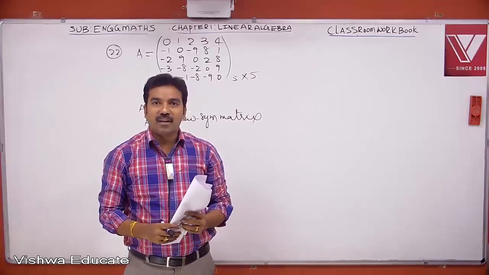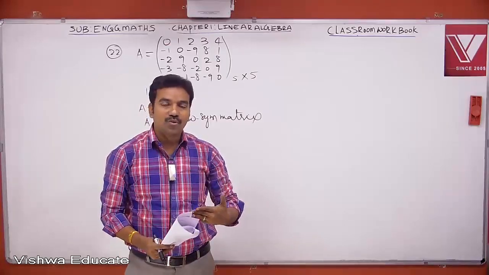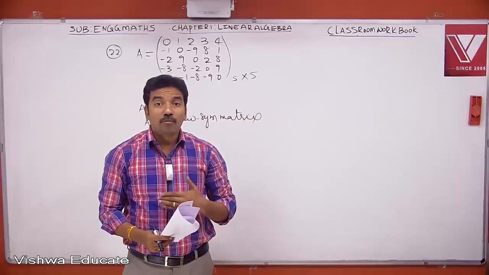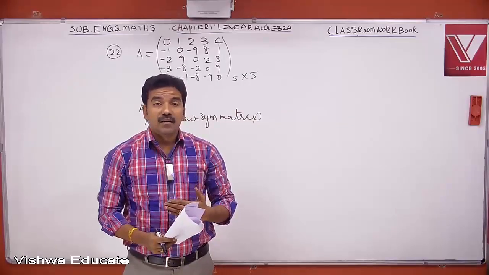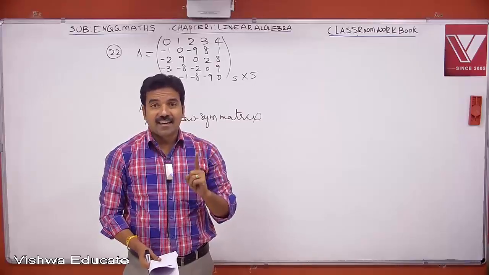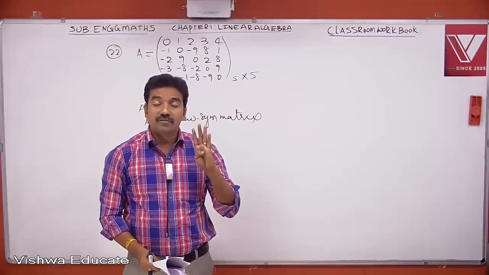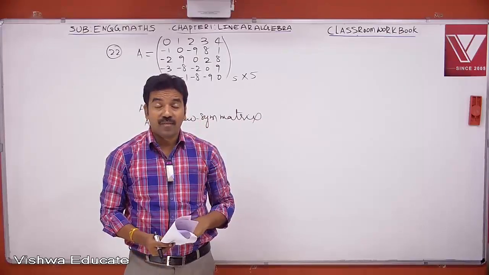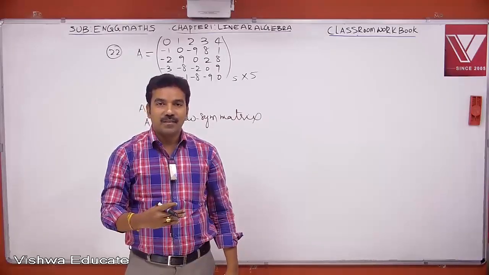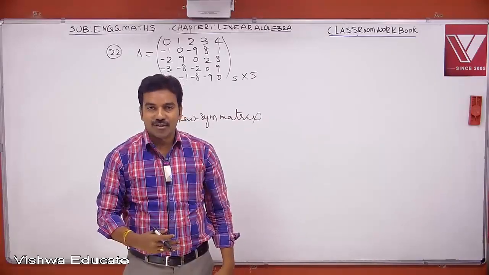So if you expand using any row or column, you still need to find 4 determinants of submatrices of size 4 by 4. Again, for each 4 by 4 it takes 3 by 3 submatrices. So it is a very complicated procedure.